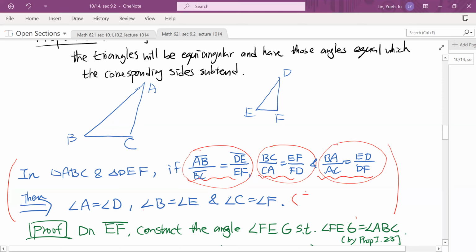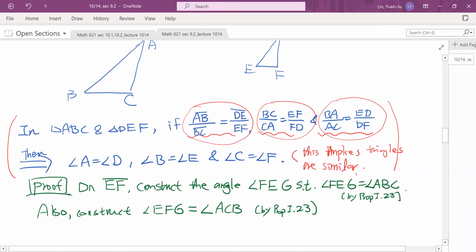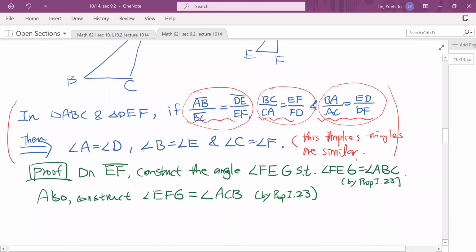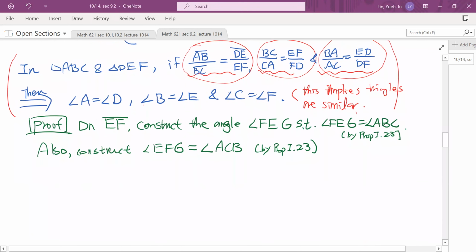Then essentially this implies the triangles are similar. Once you have that, you have the definition of similar triangles. Probably I need to draw the picture down here. So let's keep this assumption.